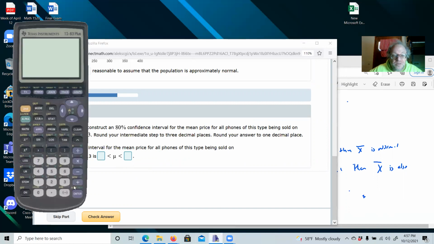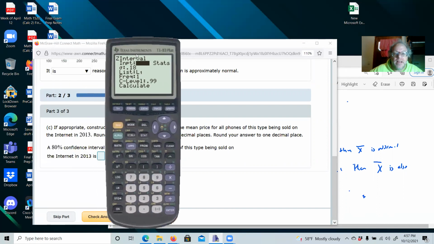So what we're going to do is turn on our calculators. We're going to go to stat, tests, down to Z interval. But instead of entering stats, we're going to enter the data. What's in list 1? Shoot, we have to go back to stat. Let's see what's in list 1.